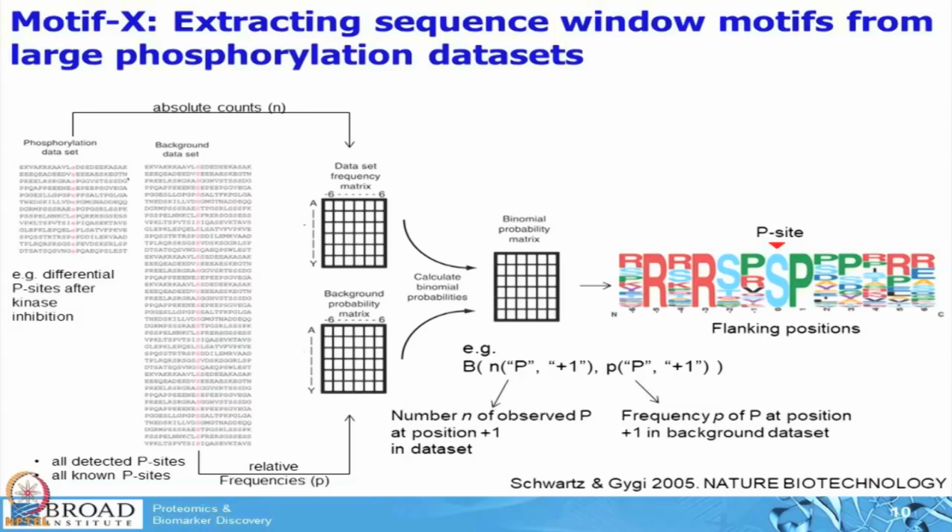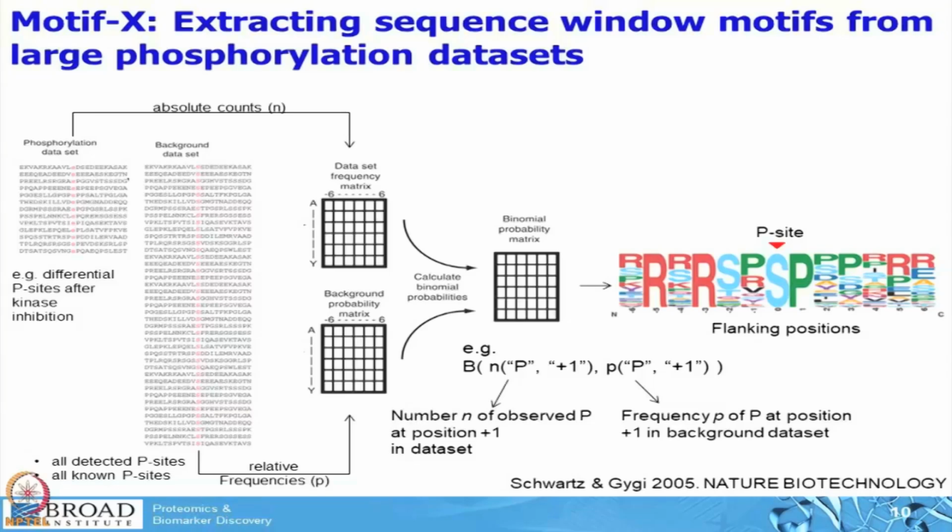You calculate this for each amino acid and each position, and compare it against the background frequency, which you derive from your background data set, which can again be the entire human proteome or all of your detected sites.